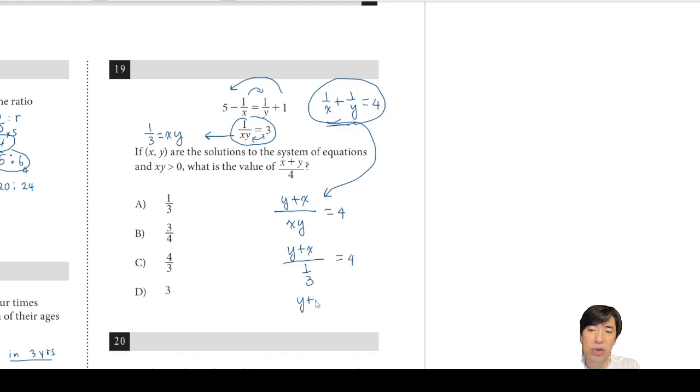So y plus x is equal to 4 times 1 over 3, which is 4 over 3. Oh, it's asking for x plus y over 4. In this case, you can switch these two numbers. So x plus y over 4 must be equal to 1 over 3. So the answer is A.